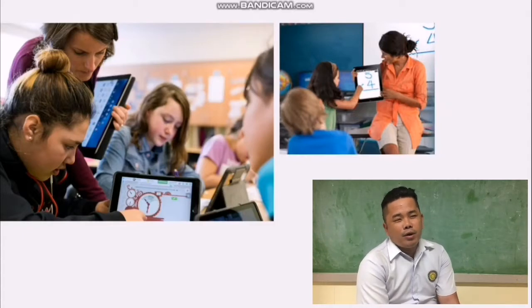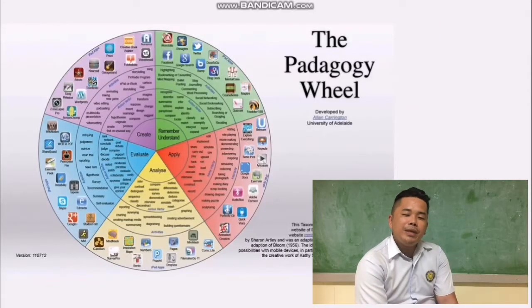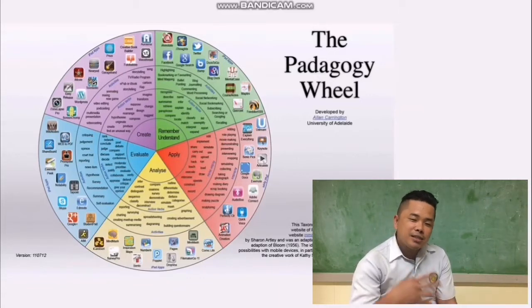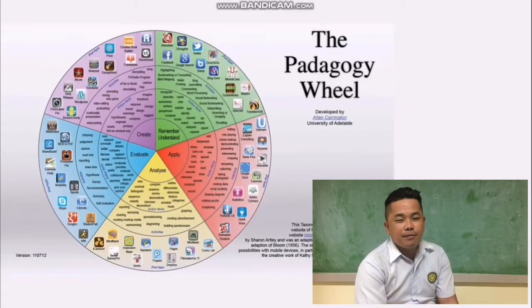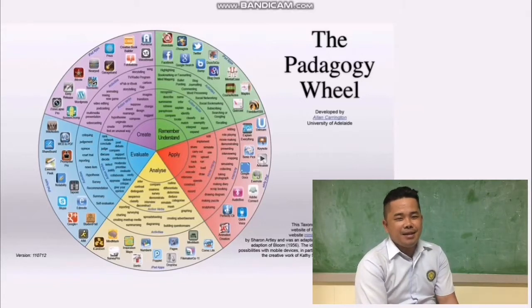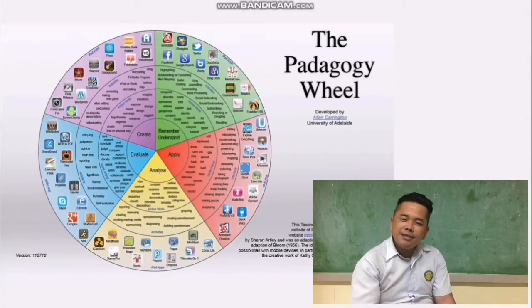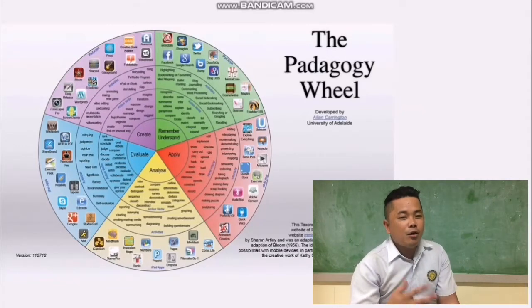Well, the main core of the pedagogy wheel is the transformation. How are you going to transform your students into someone who will be more successful in their lives? So what you're going to do is to consider the things, the strategies, and everything that you are going to include in your teaching.